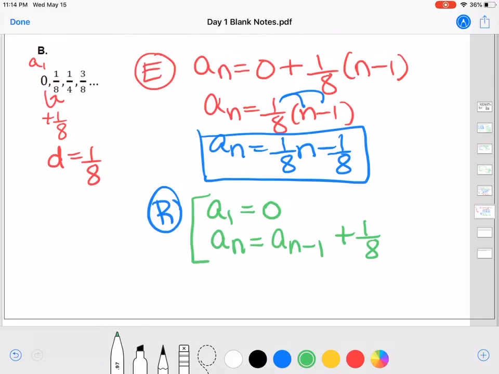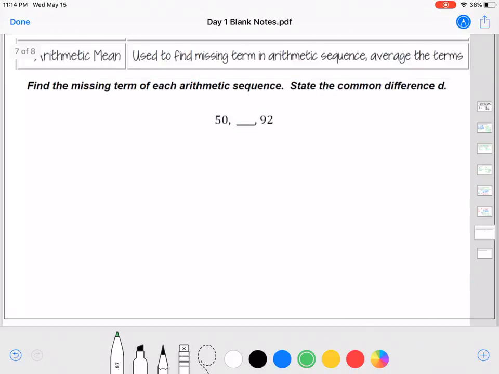So if you wanted a sub 2, you would do a sub 1 and add 1/8. So that would be just taking 0 plus 1/8. So your second term would end up being 1/8, which we see in our sequence that a sub 2 is indeed 1/8. It works.